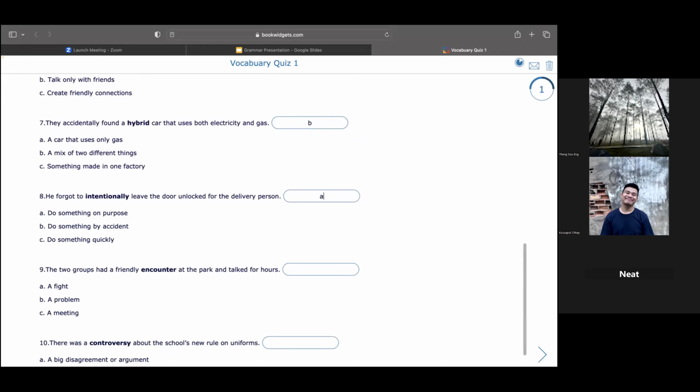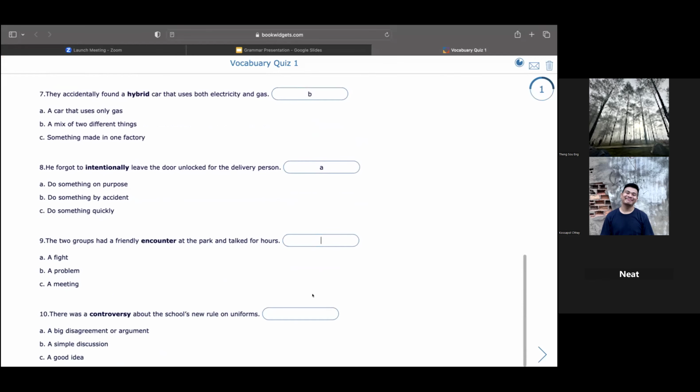Do something on purpose. A. The two groups had a friendly encounter at the park and talked for hours. Had a problem? No, I think it's meeting. C, meeting. Yeah.